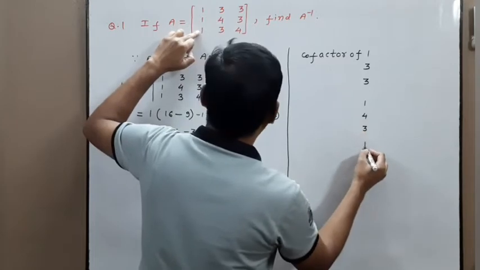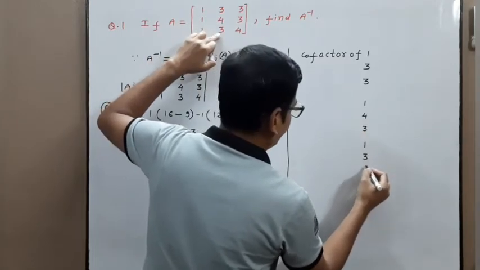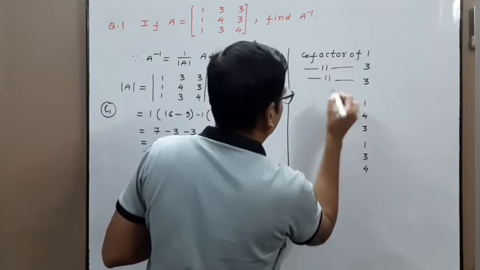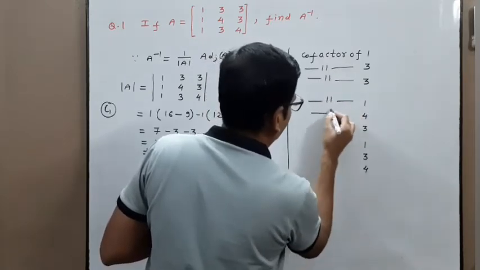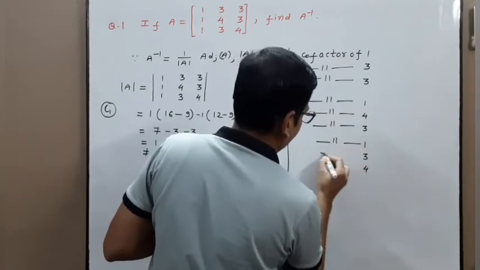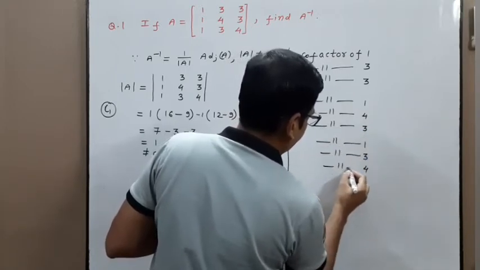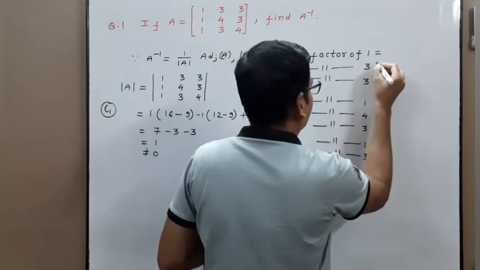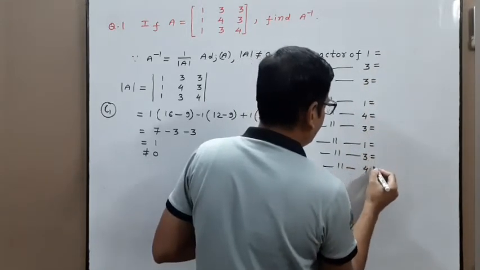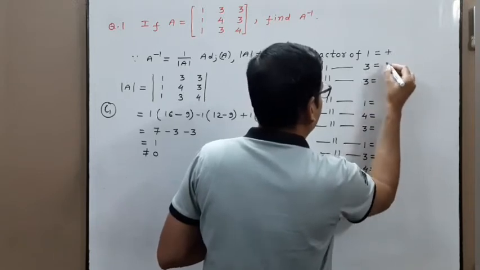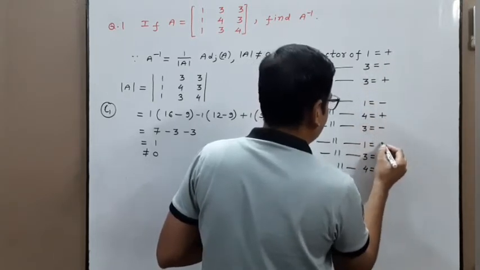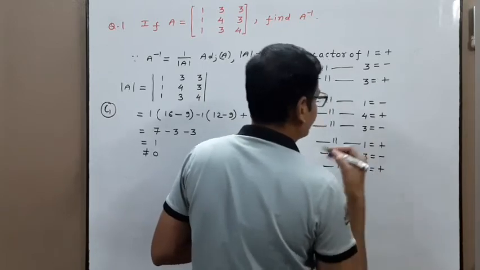Cofactor of 1, 3 and 4. The sign pattern is plus, minus, plus, minus, plus, minus, plus.